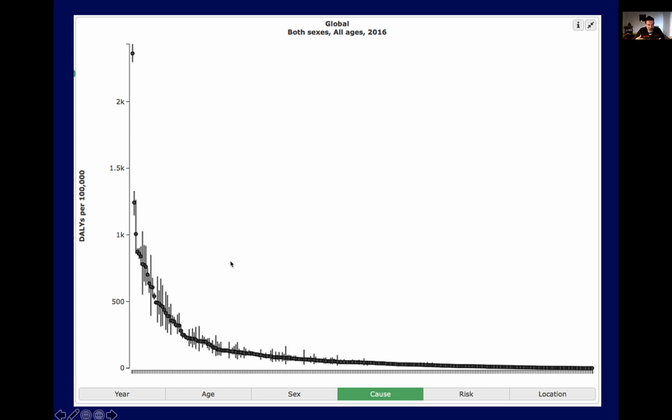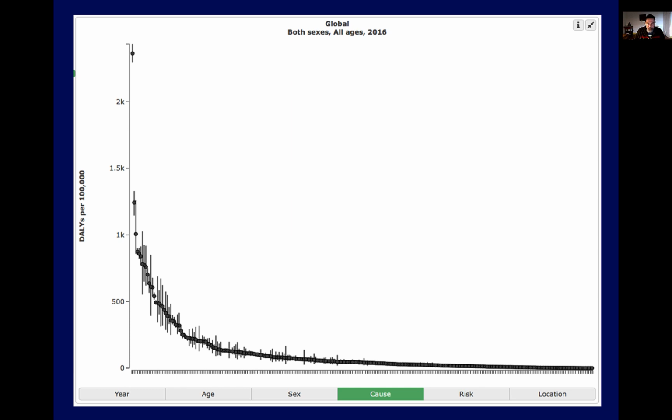So it suggests that the level of certainty that is conveyed in some of these graphs on rankings of causes of death is really not so certain. It's possible that the number five cause of death is actually the number four cause of death and things like that. But I just want you to come away from looking at these data on the global burden of disease with the sense that there is uncertainty in the estimates that we have on the burden.